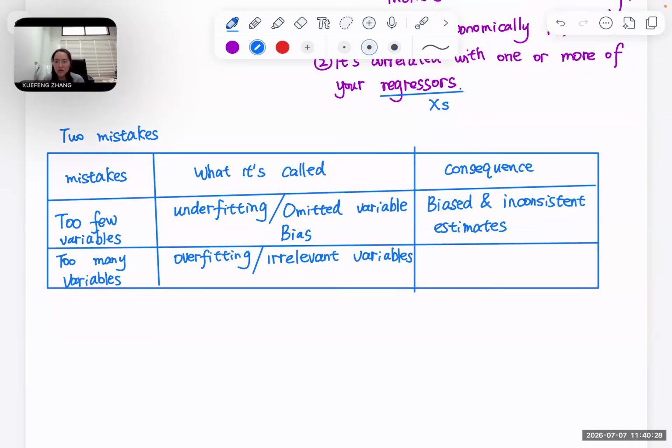So the consequence is that you might have a larger standard error, but estimates stay unbiased.